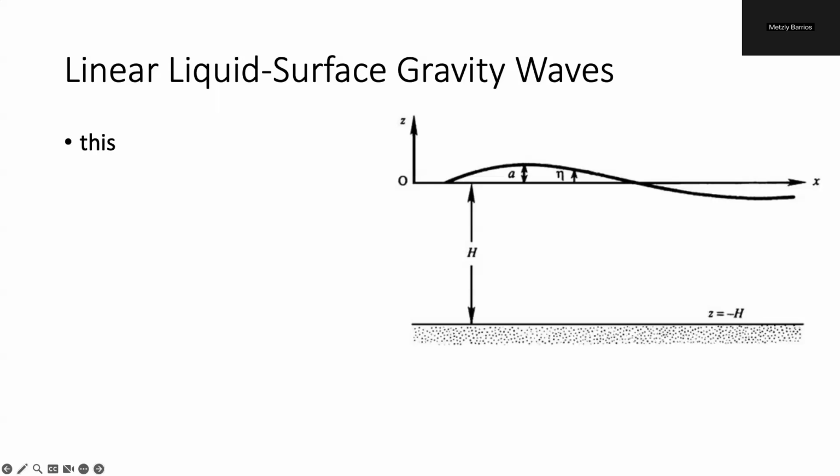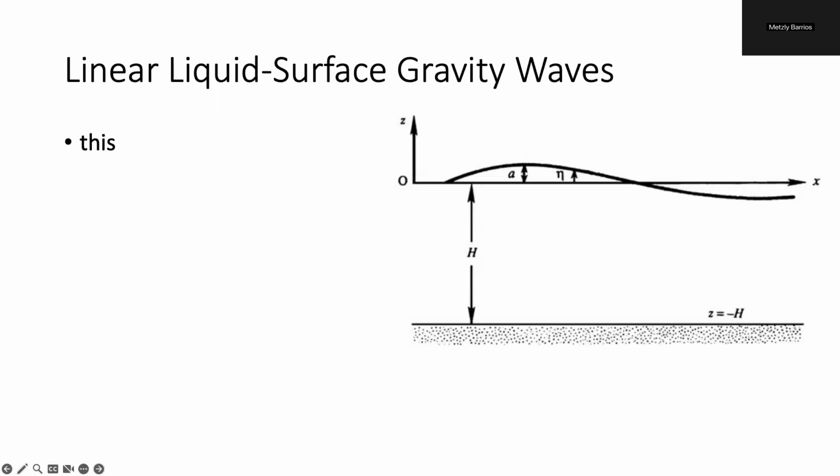It has to equal 0 at the bottom. Therefore, since w is del phi del z, that must also equal 0, right? We're happy with that?